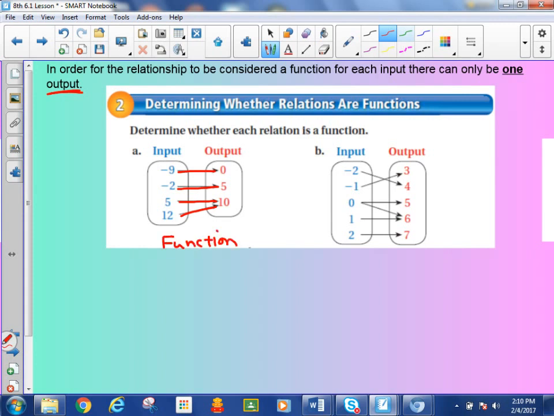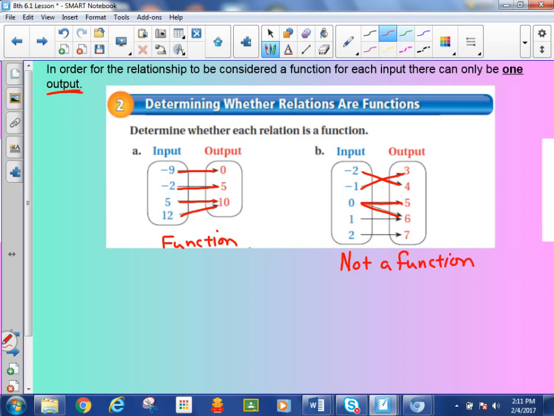Although I have two of them going to the same output, we still only have one arrow coming from each input. Here we have one arrow. Here I have two arrows. As soon as I have two outputs coming off of an input, it is no longer a function. So this is not a function. I know that's kind of confusing. Why can we have two inputs going to one output, but we can't have two outputs from one input?